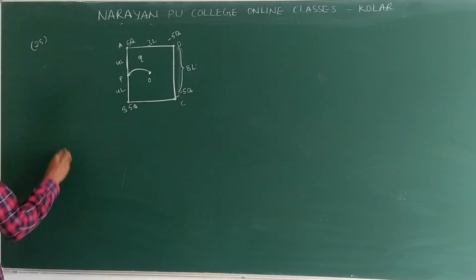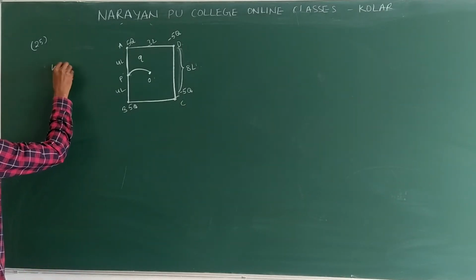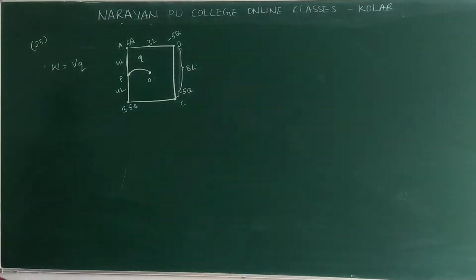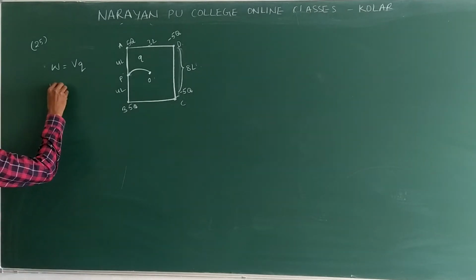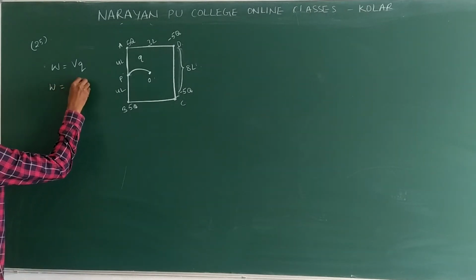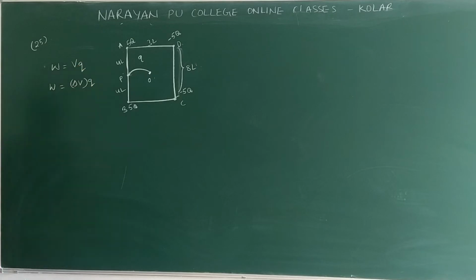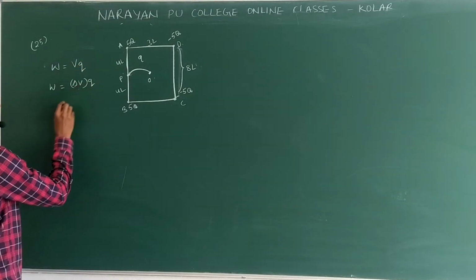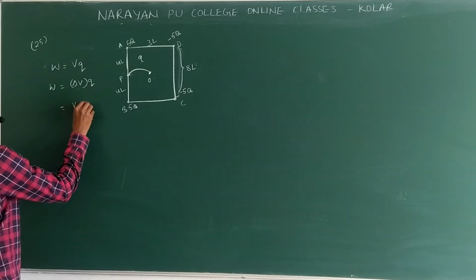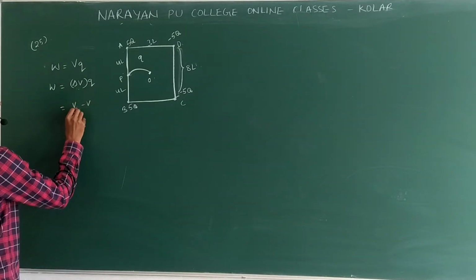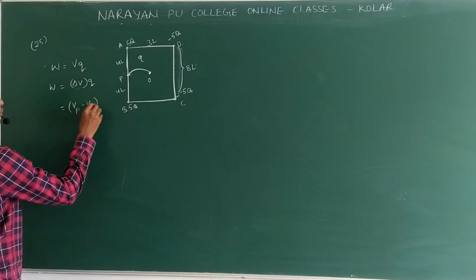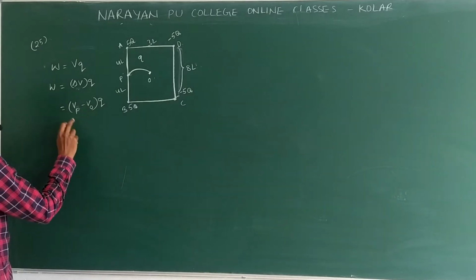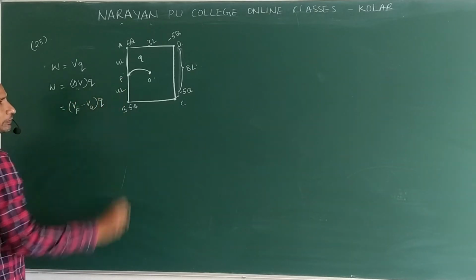So work done, we will write V into Q. Here this expression we can write delta V into Q. So difference in potential into charge. So this we can write V2 minus V1 or Vp minus Vo into Q. Vo means potential at center, Vp potential at P.